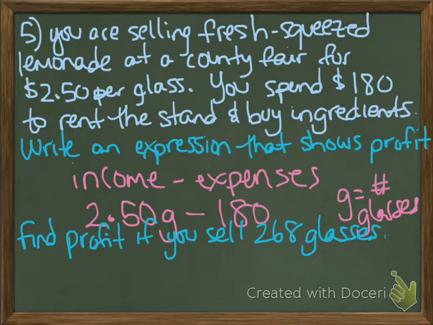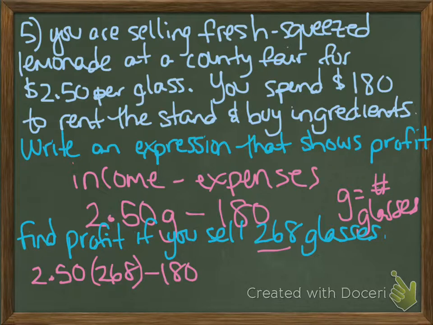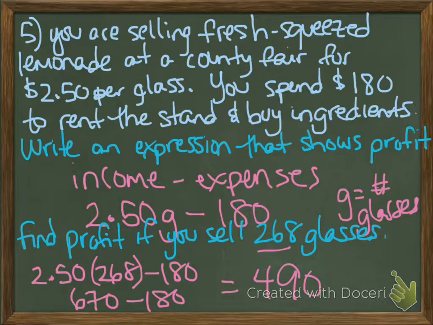To then find the profit, if I sell 268 glasses, I'm just going to plug 268 in for the G and simplify my expression. Using correct order of operations, I'm going to multiply first to give me 670 minus 180, and this will give me 490. Make sure in word problems that you label your answer. It's a profit. We're talking about money, so make sure that you put that dollar sign on there for your money.